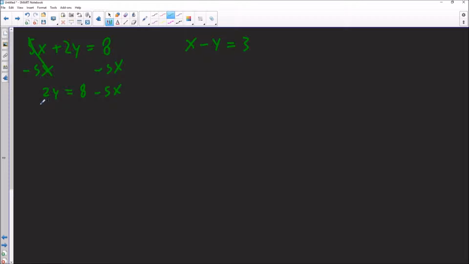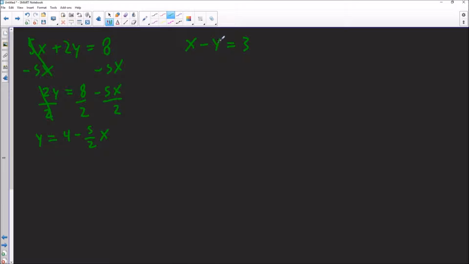And then we just need to get rid of the 2 that's in front of the y, so we're going to divide by 2. That gets rid of the 2 in front of the y. So we have y is equal to 4 minus 5 over 2 x, right? Because 8 over 2 is 4, and then 5 over 2 we can't really simplify any further.